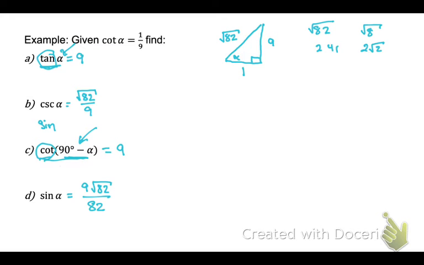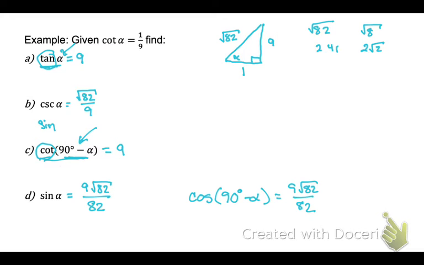So if the sine of alpha is 9 square root of 82 over 82, what is the cosine of 90 minus alpha? 9 square root of 82 over 82. Does it just not change because it's 90 degrees? It's the complement. Alpha and 90 minus alpha are complements.